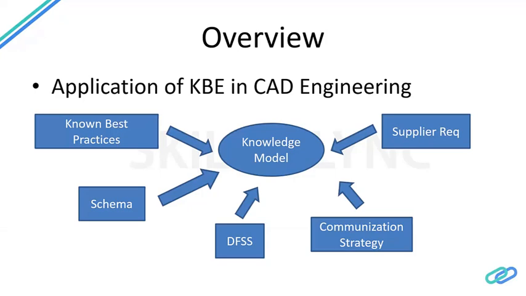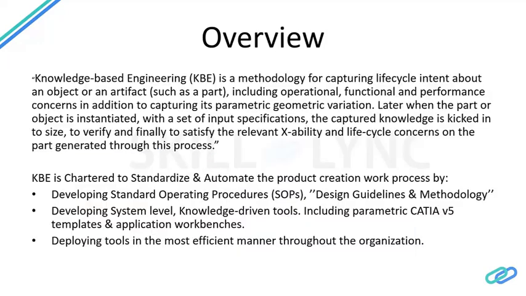So for example, it will consist of best practices, prescribed sections, the criteria for Design for Six Sigma, commonization strategy, and supplier requirements. So this is the overview.